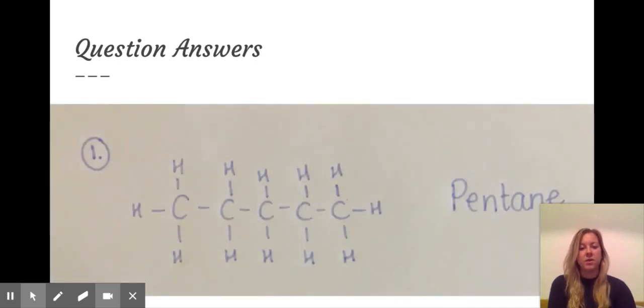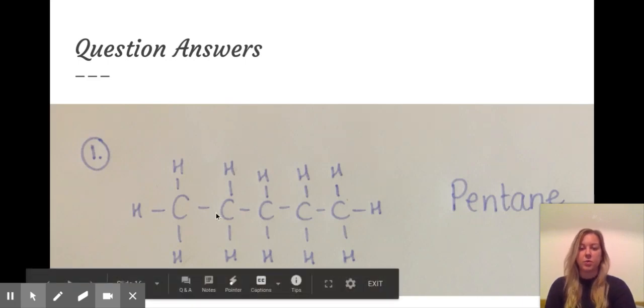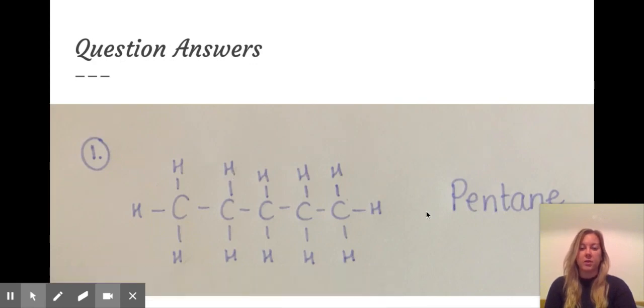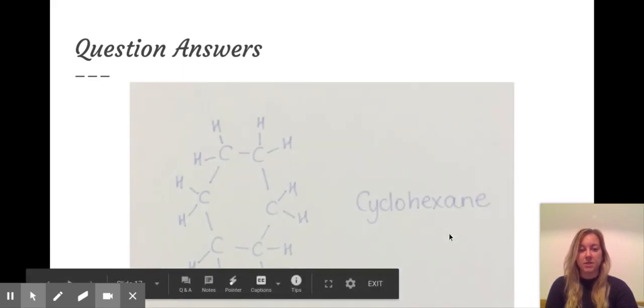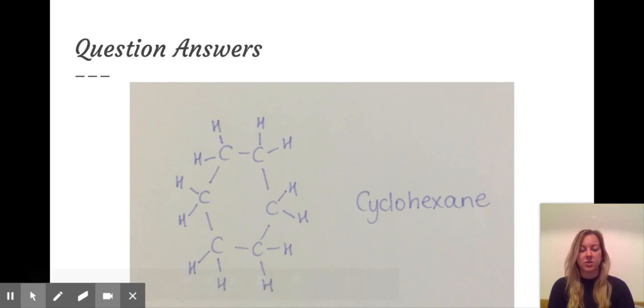So number 1, the alkane with 5 carbons is pentane. So make sure that you have your bonds going directly from your carbon to your hydrogen. And make sure you draw them nice and neatly so that your marker can see all of your bonds present. Remember, make sure that every single carbon atom has 4 bonds attached to it. This is a valency of 4.